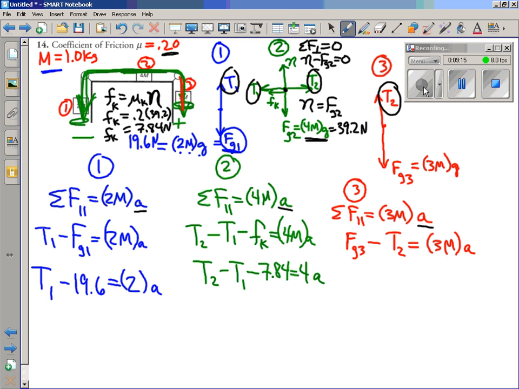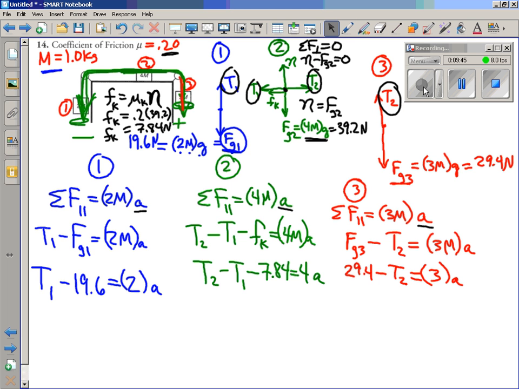And for object 3, I do know the force of gravity on object 3. It's 3 times 1 times 9.8, which equals 29.4 newtons. And that's acting in the positive direction here, so 29.4 newtons, subtract T2, that's one of the things I'm solving for, equals 3 times 1 kilogram, so 3 kilograms times A. So again, I have a system of equations.